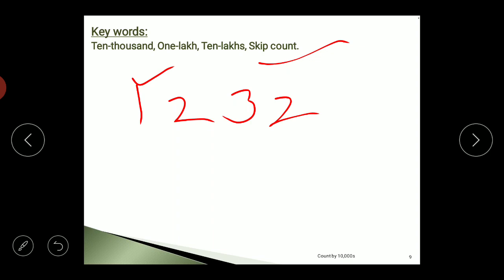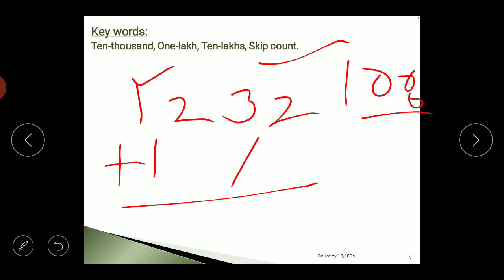As we have to skip by 1000, we have to add 1 at the 1000 place. The remaining digits are the same, 2, 3, 2. So the number is 2232. I think you all got this point.